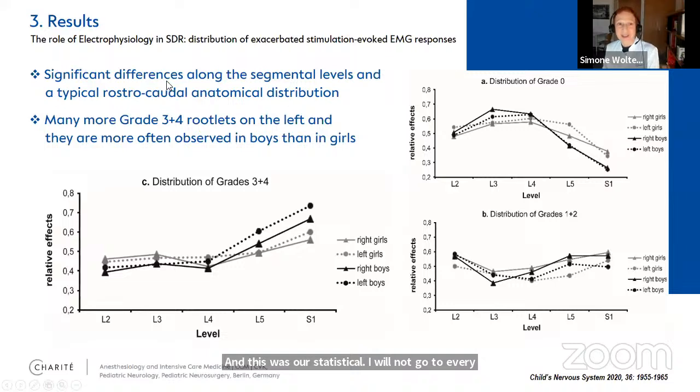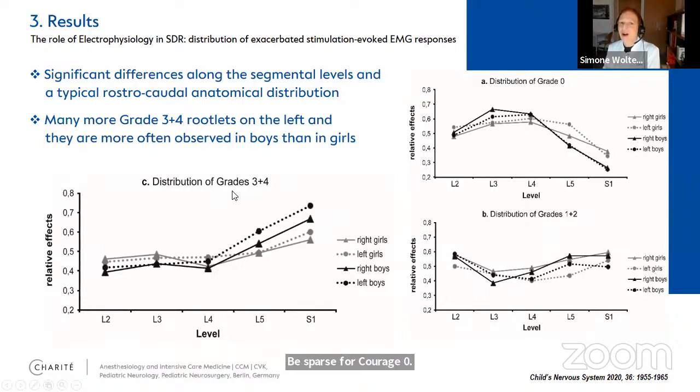making use of our statistical evaluations, we found significant differences along the segmental levels, and this typical rostrocaudal anatomical distribution. This was for grade 0.